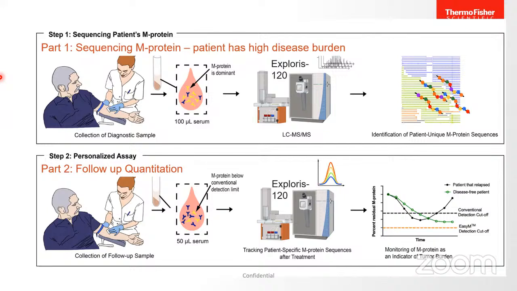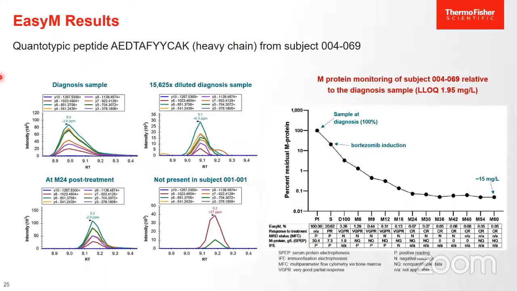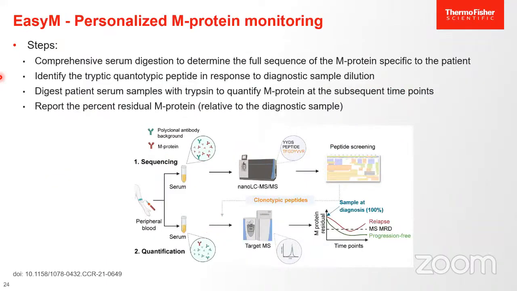Tathagat sir, I have a question. Am I audible? Yes. My question is, in your studies, whenever you did proteomics for myeloma, did you really use mass spec as an MRD marker? No, we didn't use it as an MRD marker at all.